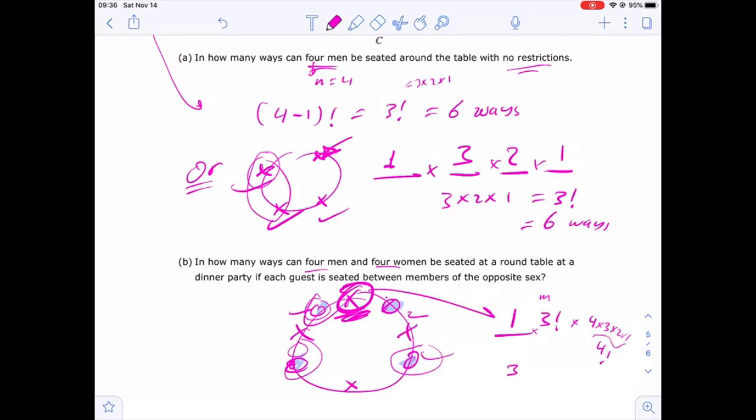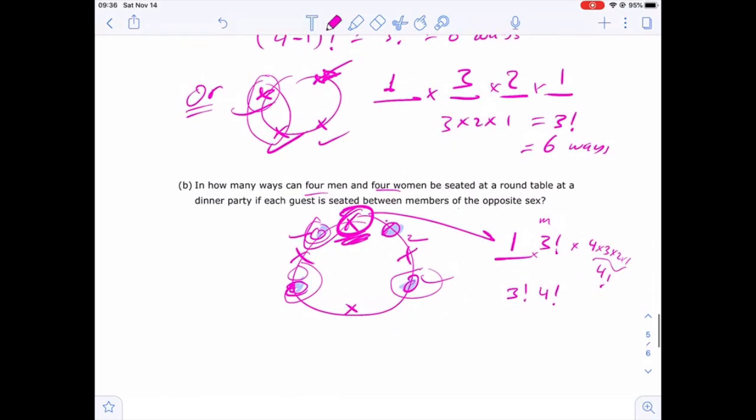So the answer is 3 factorial times 4 factorial. That's 3 times 2 times 1 times 4 times 3 times 2 times 1. If you multiply those, you get 144 ways. Or you can use the formula. The formula says it's n factorial times n minus 1 factorial, if you just permute among them and you have opposite sexes seated next to each other.